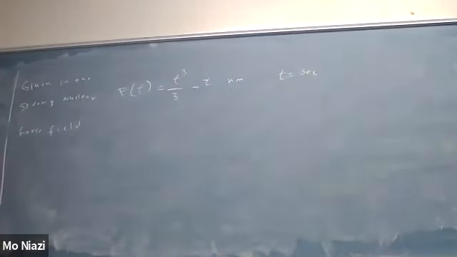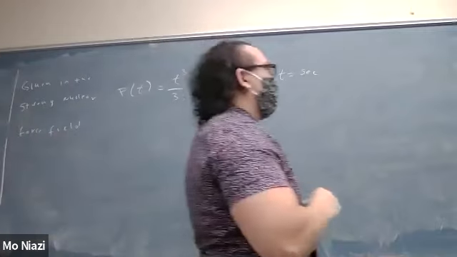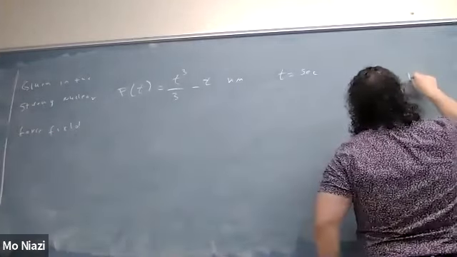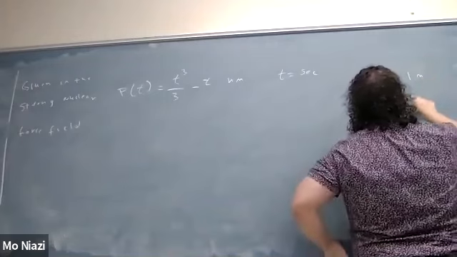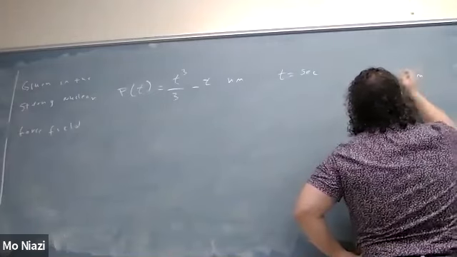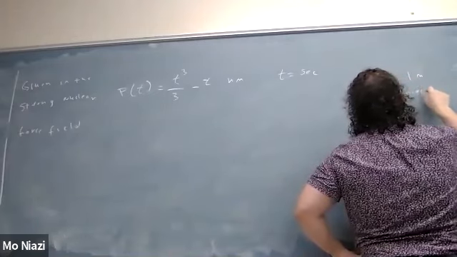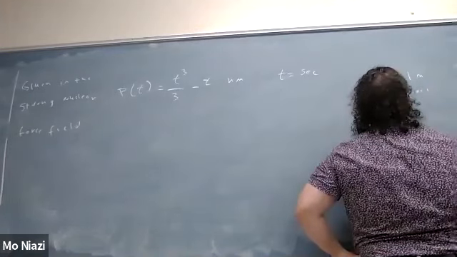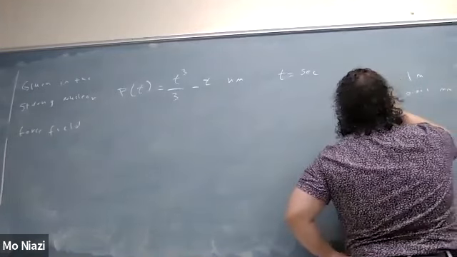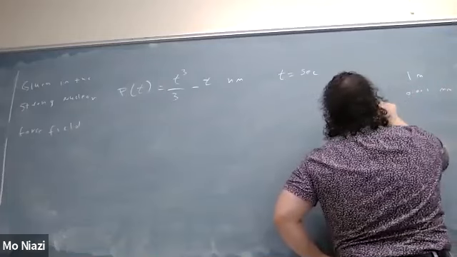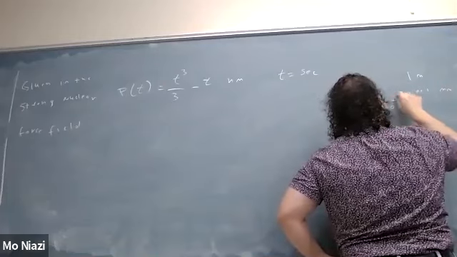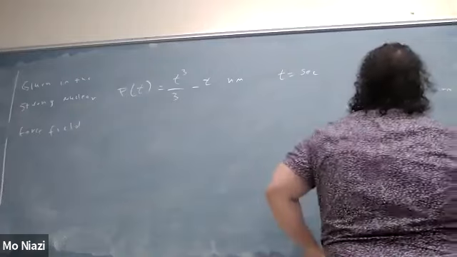What is a nanometer compared to a meter? Here's 1 meter. A millimeter is 10 to the negative 3 meters, right?